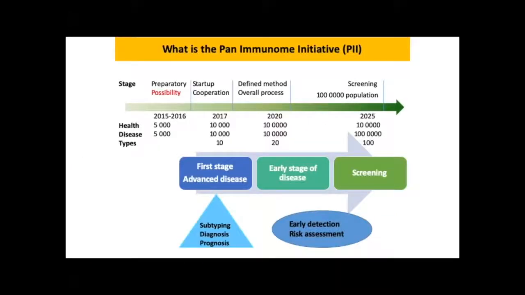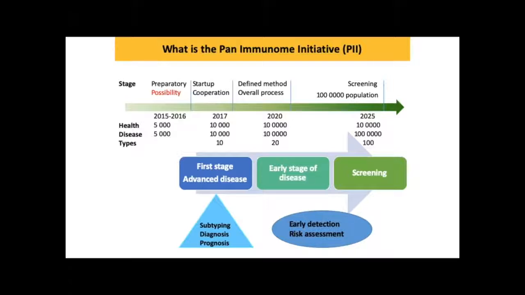So this is the Pan-Immunome Initiative, the reason we want to establish this. So what is the Pan-Immunome Initiative? The major purpose, as I just said, is to investigate the potential of TCR and BCR to serve as biomarkers for molecular classification of disease, better treatment, and also prognosis monitoring.